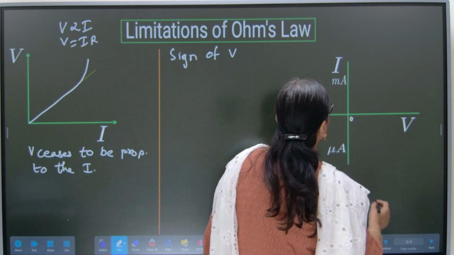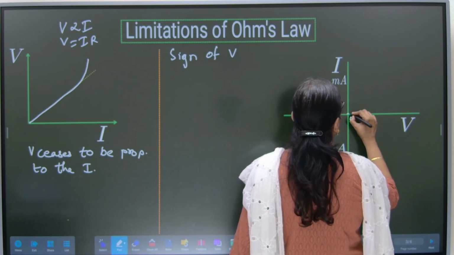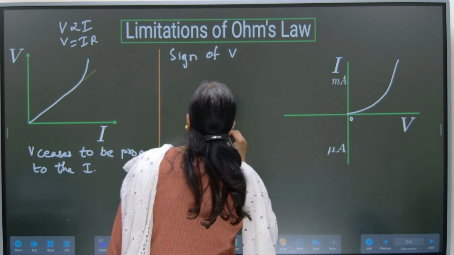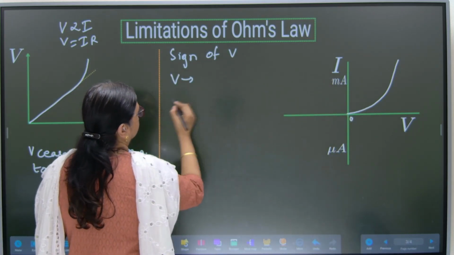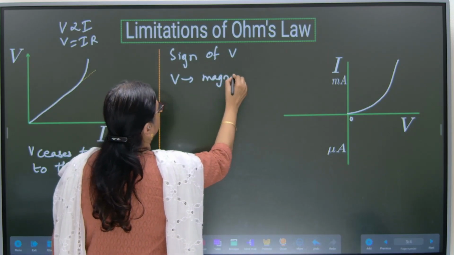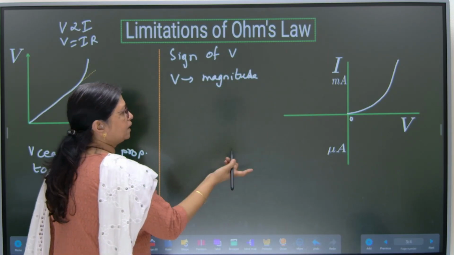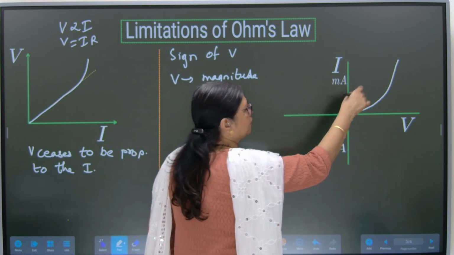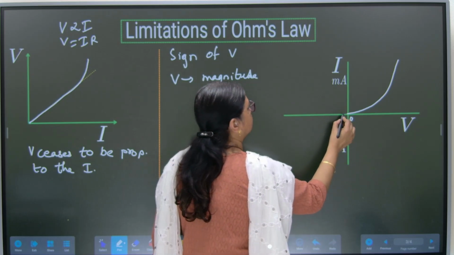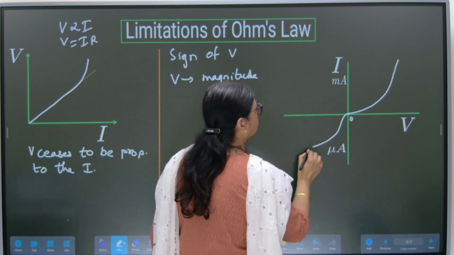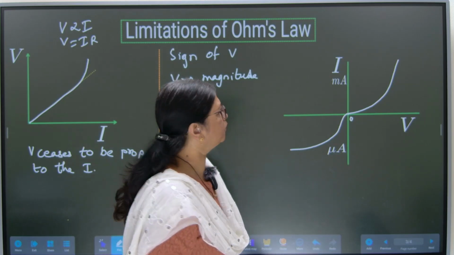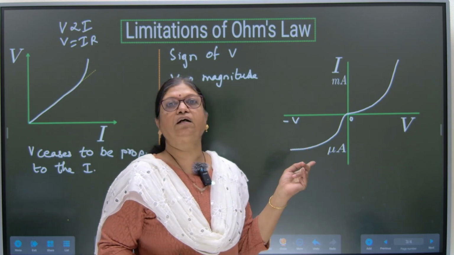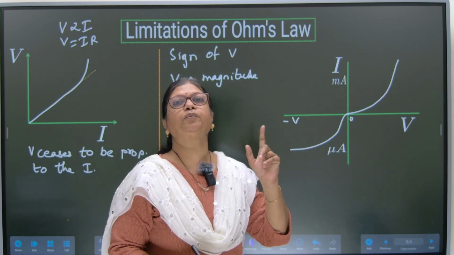But it is observed that the shape of the graph for the positive potential is of this type. Keeping the magnitude same for V but the sign opposite, we should get the same values for I, and the shape of the graph should be the same but in the opposite direction. But that does not happen, and this is what we get as the shape of the graph for the negative V.